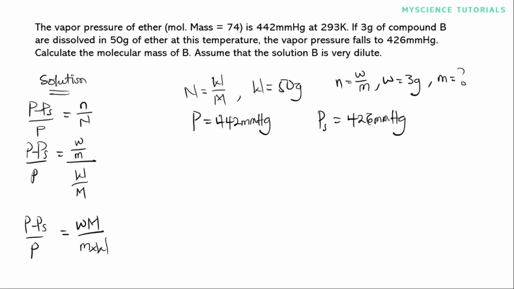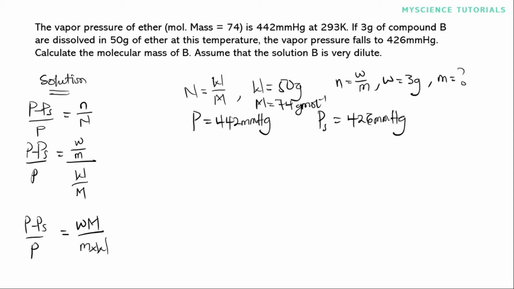But the molar mass of the pure ether, capital M, is given to us as 74 gram per mole. So from here we can easily substitute all we have into the formula, and we get our answer.